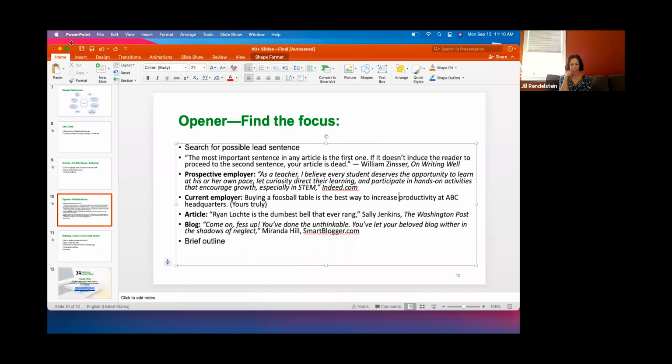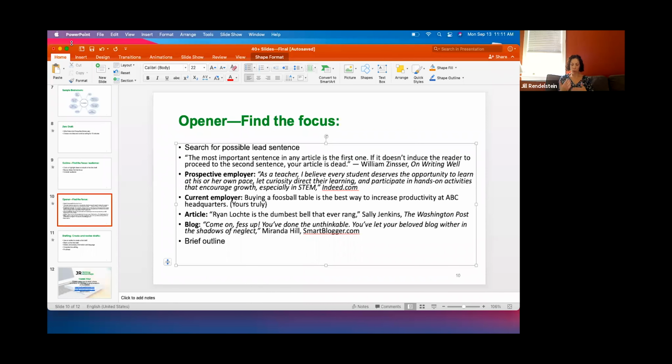That was the one about writing a letter to your current employer asking how to make this workplace better, right? So that's something I was able to convey quickly: this is the promise to my reader that this is what this letter will be about. And this is how I will get his attention. He likes productivity. And my boss also, let's say, really likes competition, right? So maybe I'll play on that.